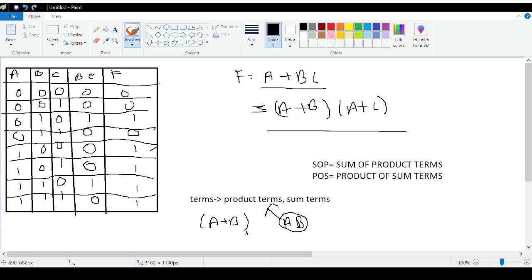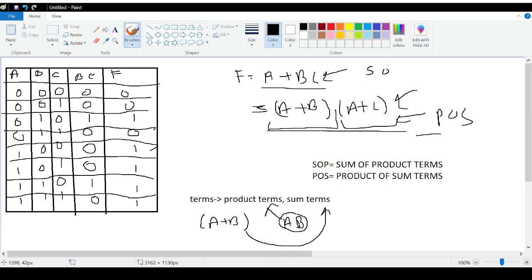If the literals are combined using OR, they are called sum terms. So in this form, I have a product of sum terms. This form is called POS because here I have product of sum terms, and this form is called SOP because it's a sum of product terms.